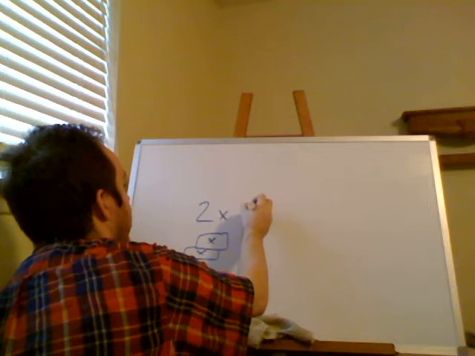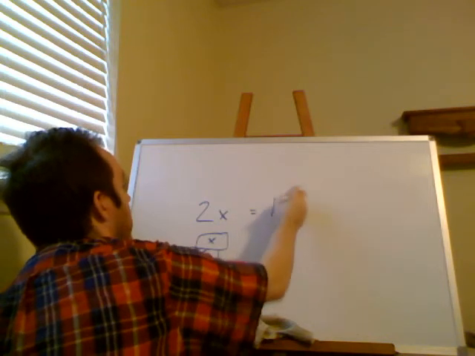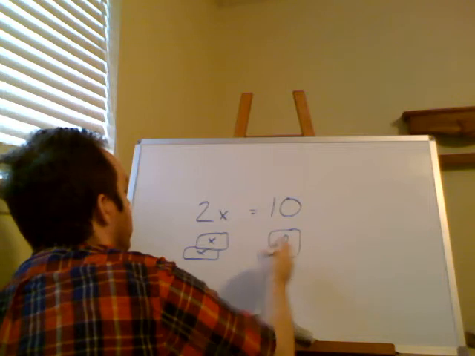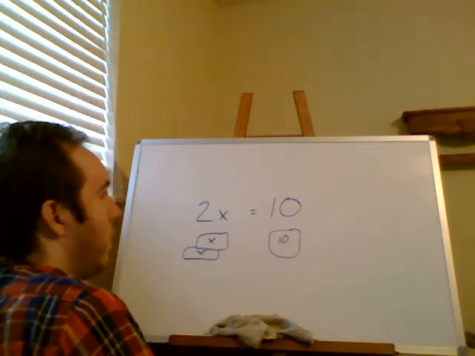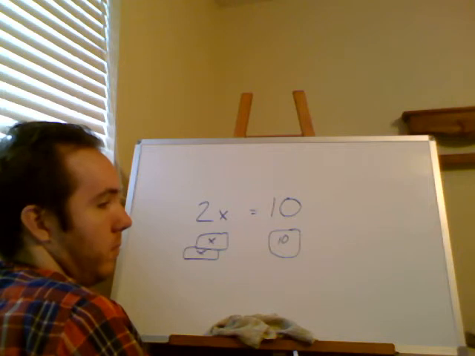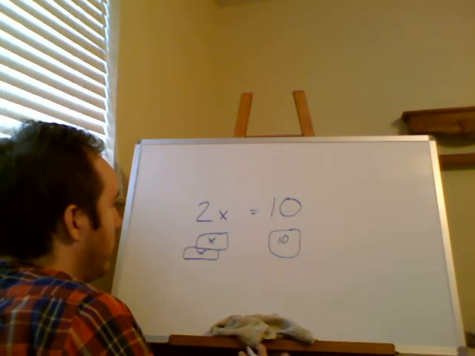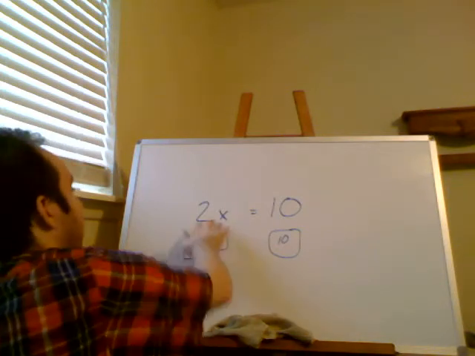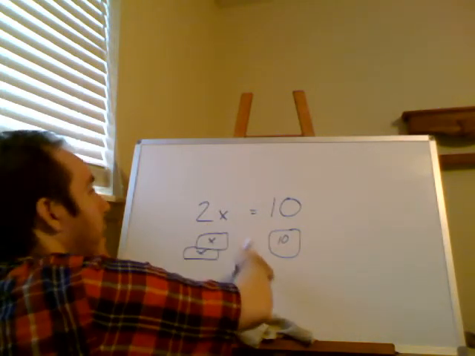They weigh the same, equals my one 10-pound box, right? So we don't know what to subtract, okay? We don't know what to subtract because this might be like x plus x or 2x, right?